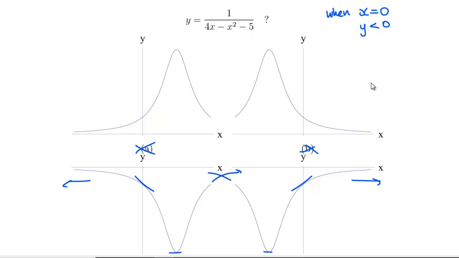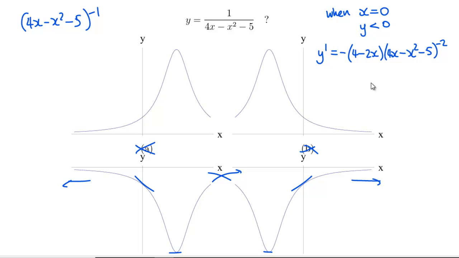So let's do a y dash then and see what's happening here. So we've got (4x minus x squared minus 5) to the minus 1. So we're going to have the minus, then we've got 4 minus 2x, then we've got (4x minus x squared minus 5) to the minus 2. I don't really want to find the turning point, but we can certainly put x is 0 into this.